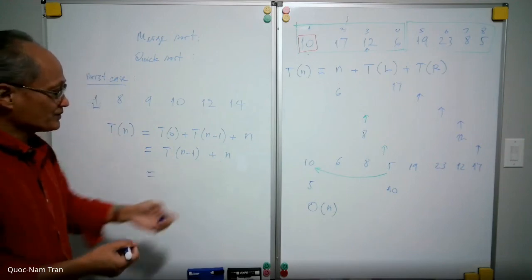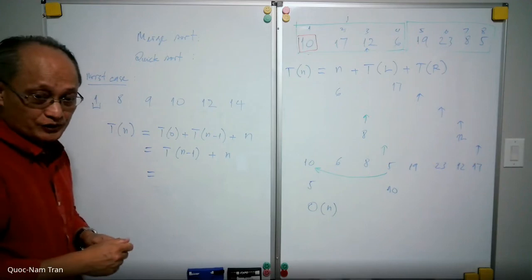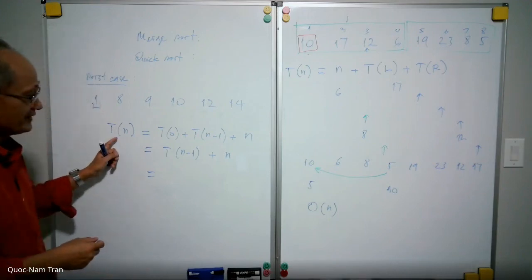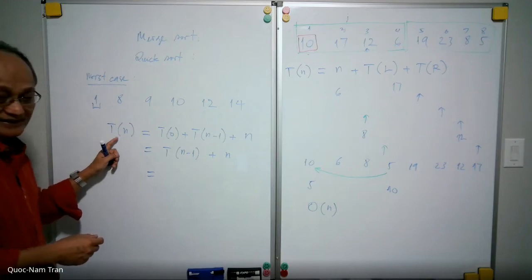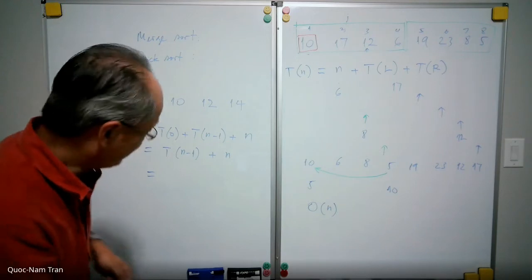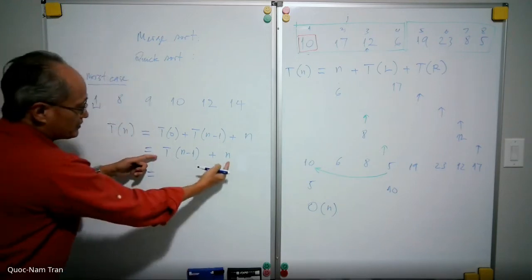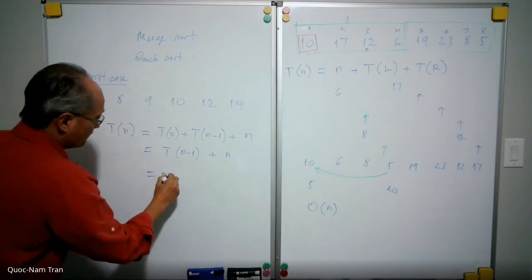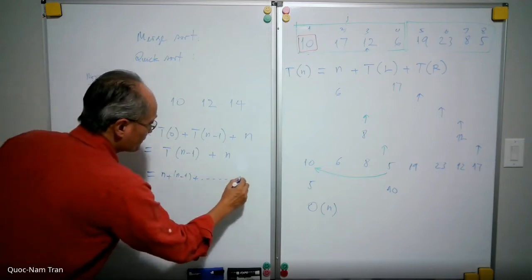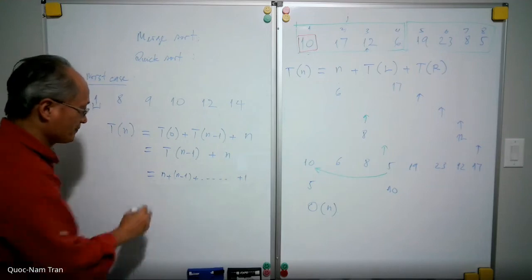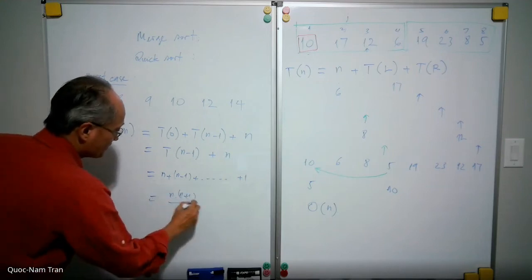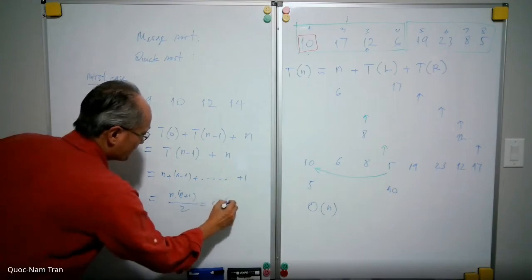So we can use the recurrence tree. So it will be what? Big O n square. Very good. It will actually be n plus n minus 1 plus and so on down to 1. This will be n times n plus 1 divided by 2, which is big O n square.